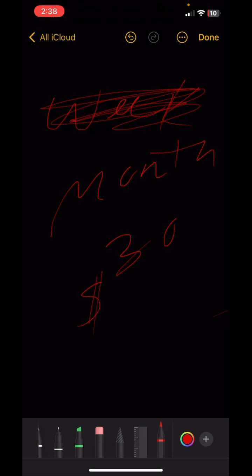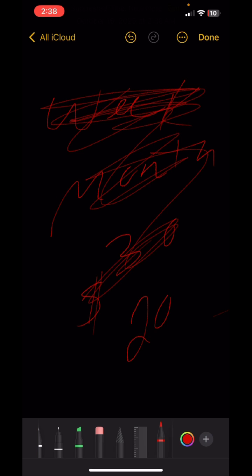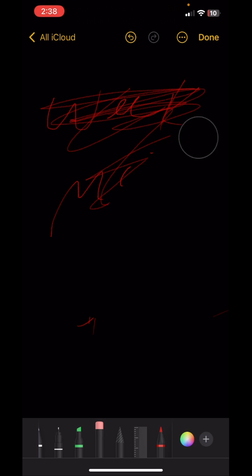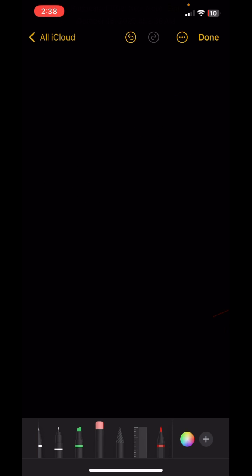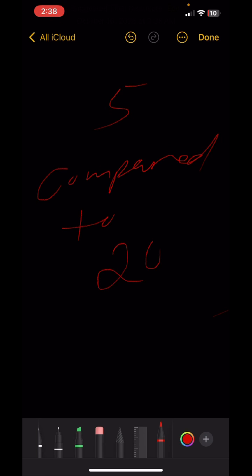Or we can even just say 20 days if we're just counting the actual trading days. Now, if you have 5 days compared to 20 days, which one do you have more time for your option trade to actually work?